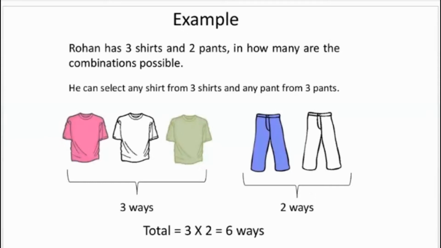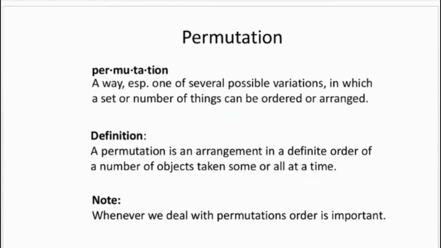Another event happens in n different ways, that is 2. So the number of possible combinations is m into n, 3 into 2, that is equal to 6 different ways of possible outcomes, right?